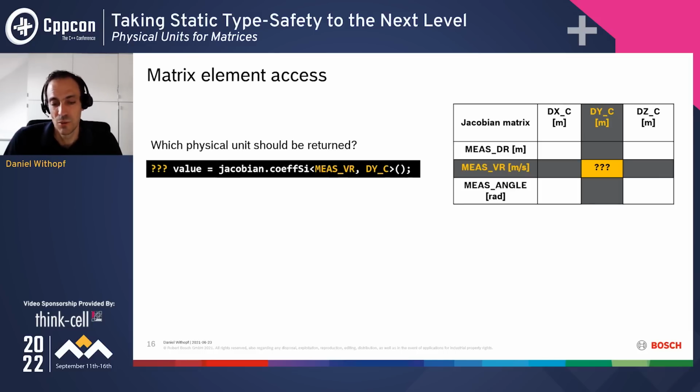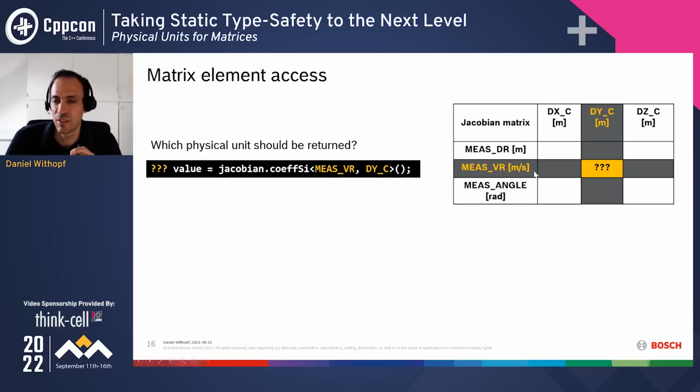Now, you might know that Jacobians describe derivatives. So what we put in a Jacobian matrix is the derivative of the row index with respect to the column index. And now this might already give you a clue about what the correct result should be in that case.